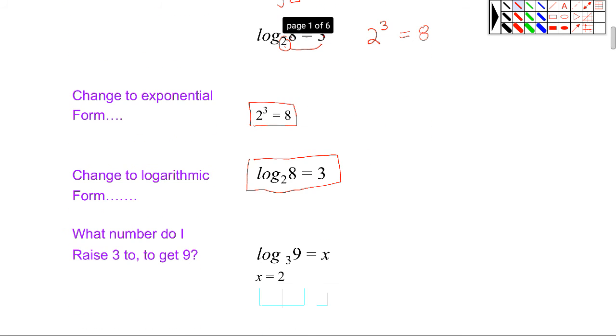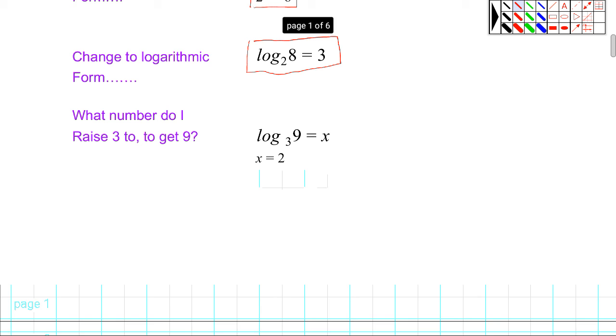Okay, so let's look at a few other examples of finding logs. So this one is saying log base 3 of 9, what is that? Another way of saying it is saying, what number do I raise 3 to in order to get 9 as the result? Of course, the answer is 2, because 3 raised to the 2 is equal to 9.